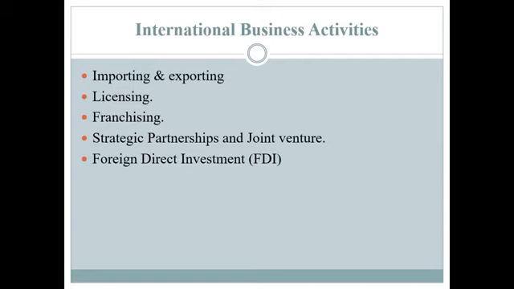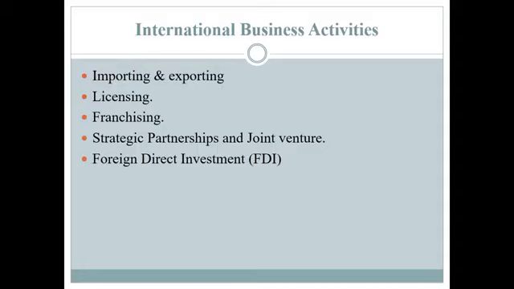So for a specific duration, the licensor who possesses some intellectual property allows the licensee, the firm situated in another country, to use their trademarks, their brand, their technology and all, through which they permit that firm to do production activity, to introduce their products in the market, and earn a good amount of reputation.